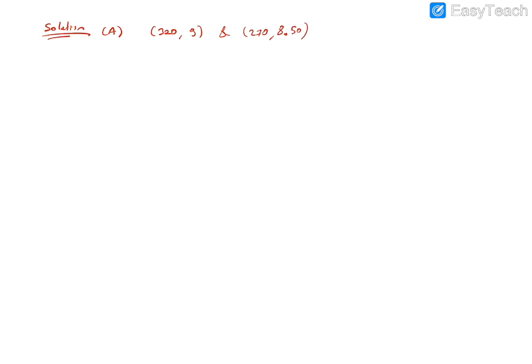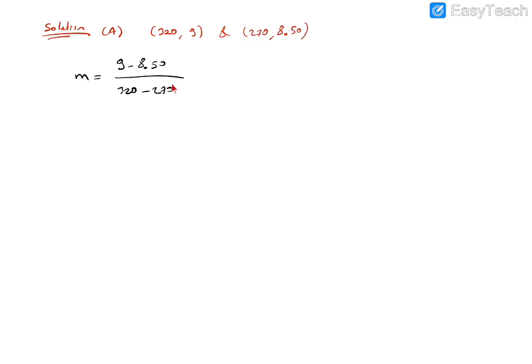So what is the slope? Slope is y2 minus y1 or y1 minus y2, it doesn't matter, but preserve the order. Since 9 is bigger than this value, I preserve this order: 9 minus 8.50 over the x component, 320 minus 270.